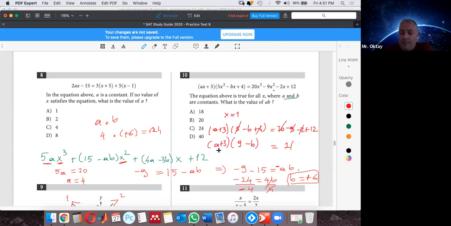So if I multiply, 9a minus ab plus 27 minus 3b. So 9a minus ab. Let me write it again. 9a minus ab. 3 times 9, 27. 3 times negative b, negative 3b, equal 21.